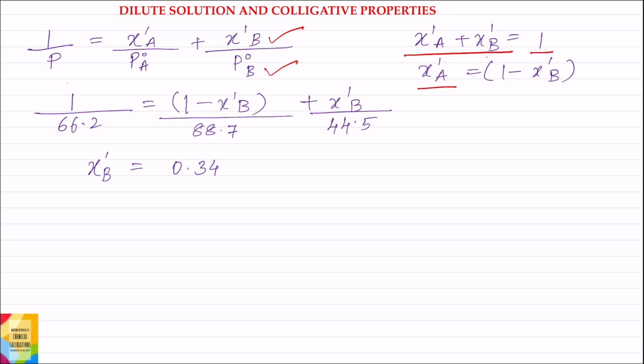So x'A is equal to 1 minus x'B. Putting the values, 1 by 66.2. 66.2 is the total vapor pressure and this is equal to mole fraction of methanol, that is (1 minus x'B), divided by vapor pressure of pure methanol plus mole fraction of ethanol divided by vapor pressure of ethanol, that is 44.5. Solving, the mole fraction of ethanol in the vapor state is 0.34.